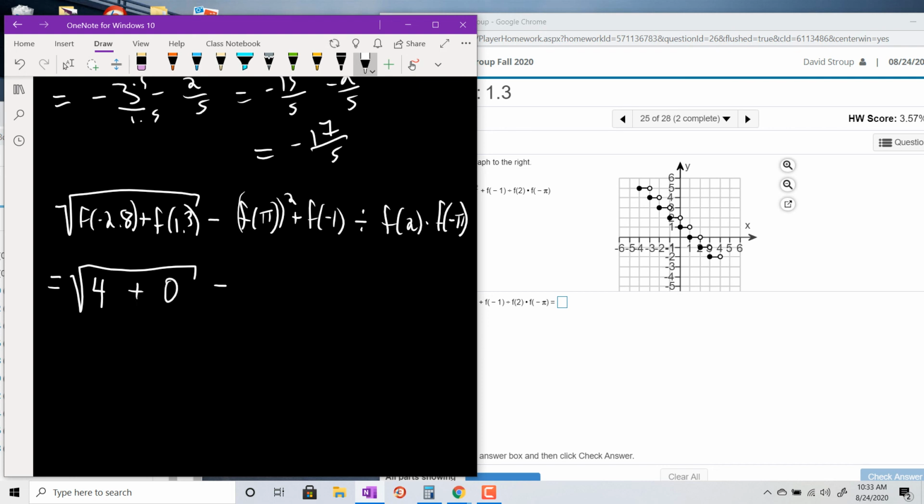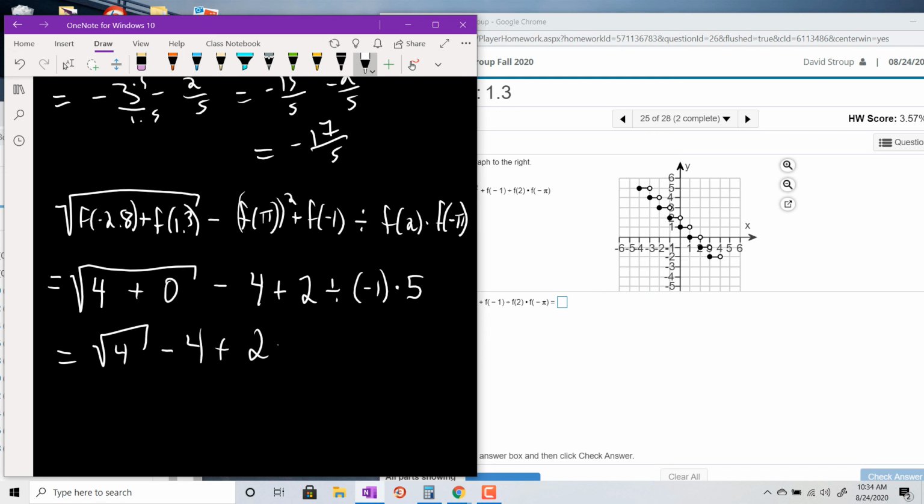F of pi, so 3.14 will give me -2, and then square that, that'll be 4, plus f of -1 is 2, divided by f of 2, which is -1, times f of -pi, which we're saying is 5. Okay, sorry, I didn't do order of operations, a little rusty.